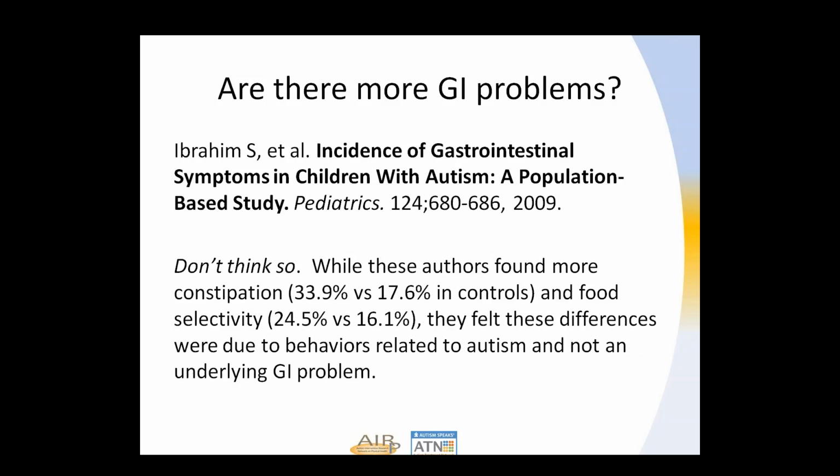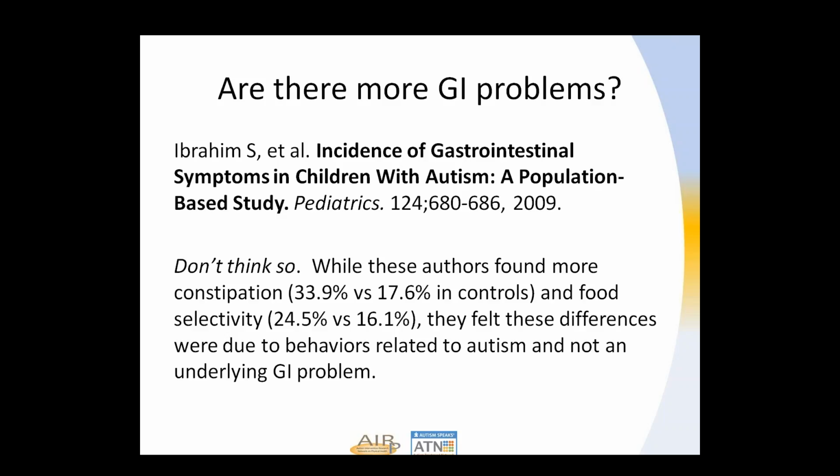In another survey that came out of the Mayo Clinic a few years ago, they did a review of several thousand patients who'd been through their clinic over the last couple of decades. And based on their information, they didn't believe that there were more GI problems. They did find that constipation occurred much more often than in typically developing children, about 33.9% versus a little over 17%, so almost twice as often.